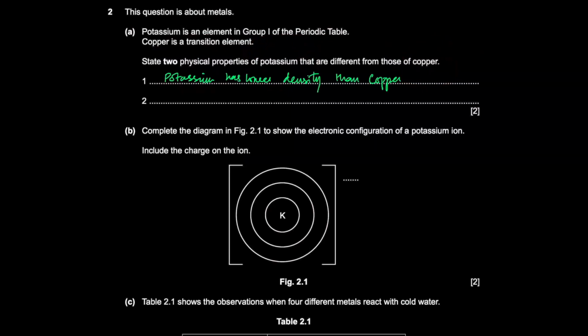Yes, they're both malleable. Potassium has lower density than copper, and potassium has a lower melting point than copper.